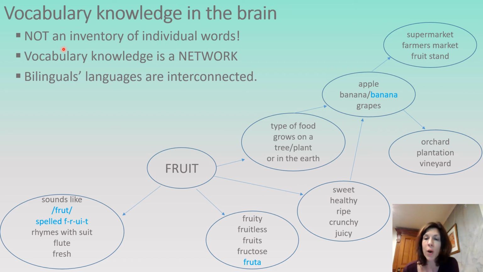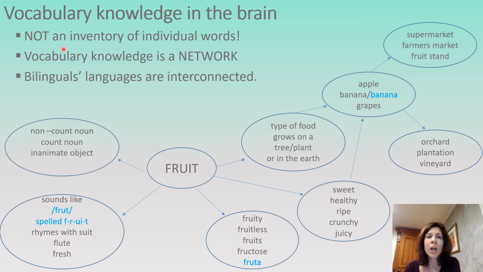Okay, so have you ever had moments where you have said one word instead of the other? So you wanted to say fruit, but instead you said flute, because when those moments happen, it's because in your mind, the representation of that word includes words that sound like that word, okay?